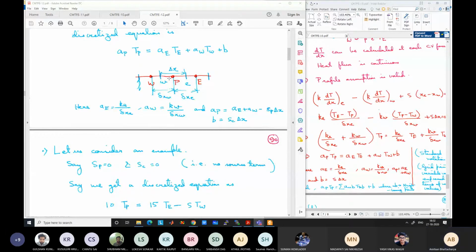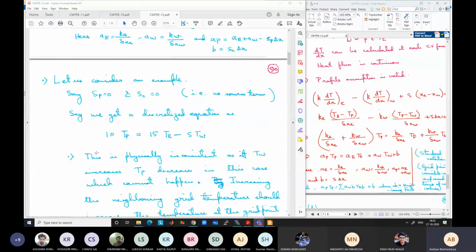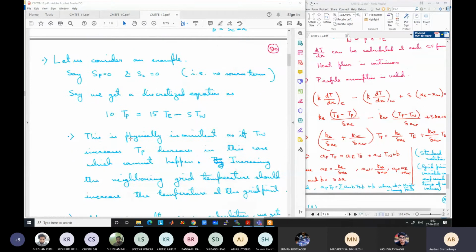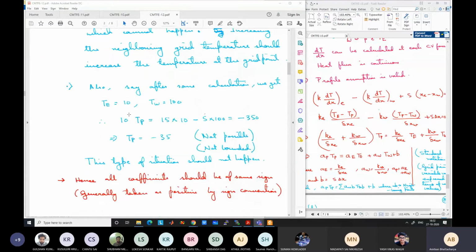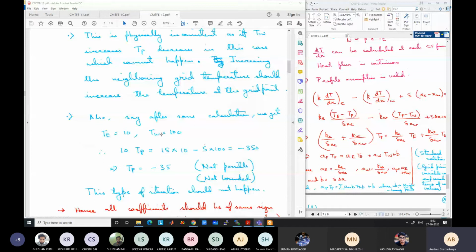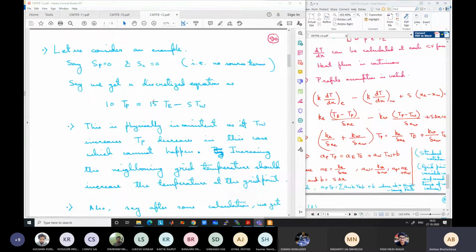So what will happen in this type of situation? Yes, you are correct. Let us take, say, TE equal to 10 and TW equal to 100. What happens? 15 into 10, 150, minus 5 into 100, minus 500. So 150 minus 500 is minus 350, by 10.